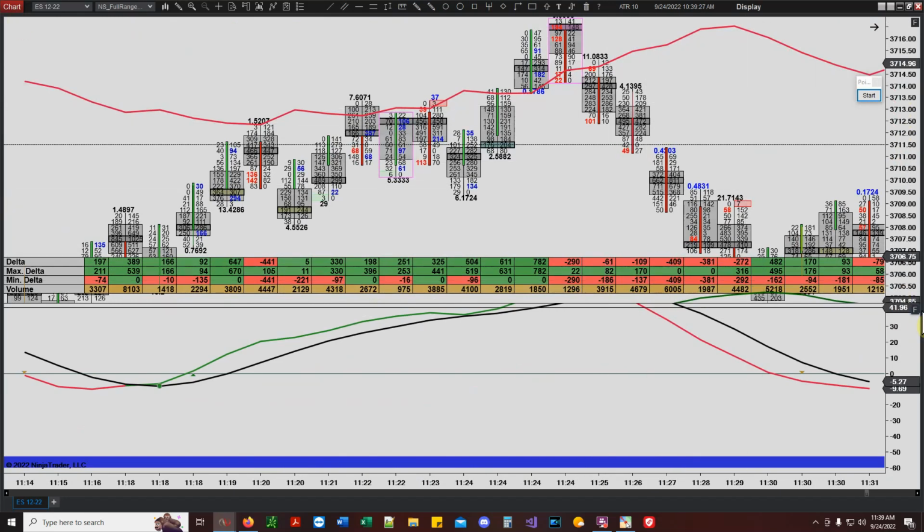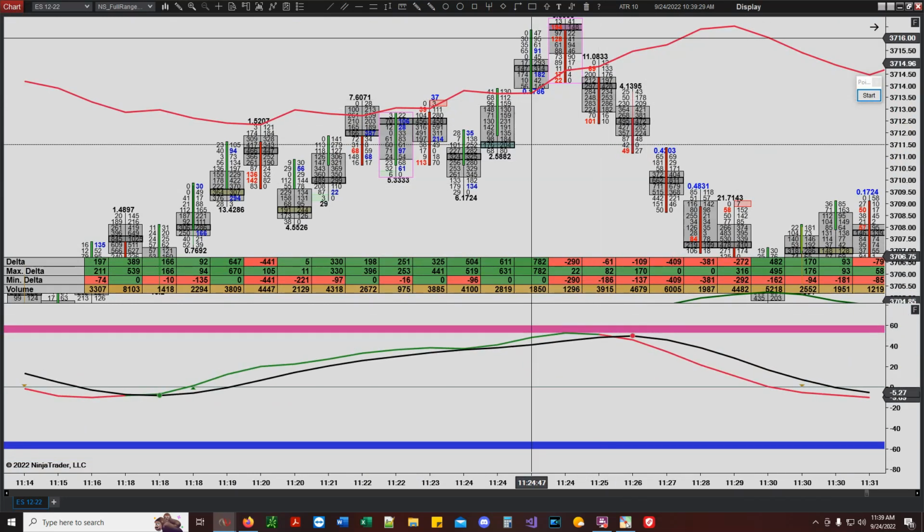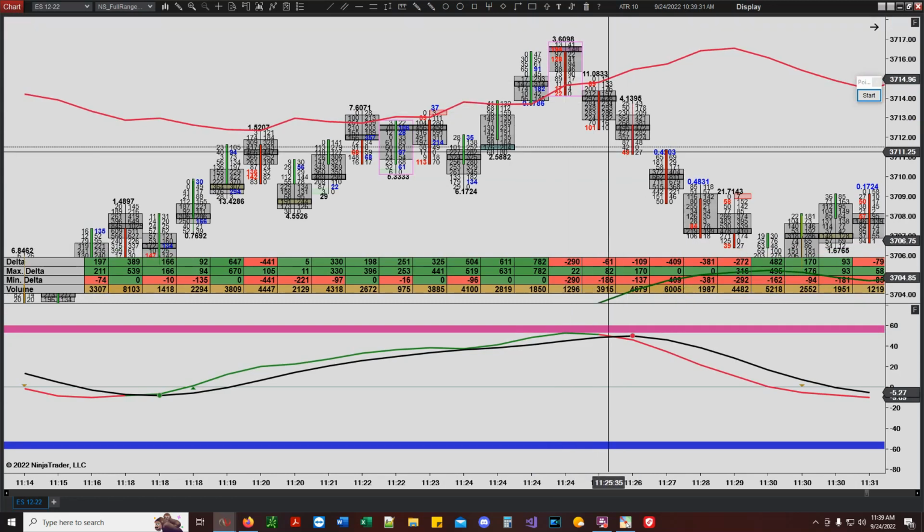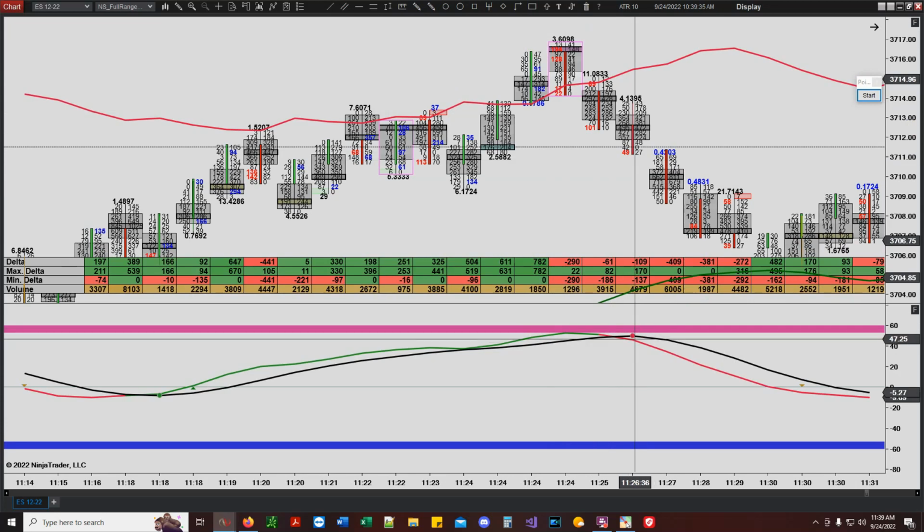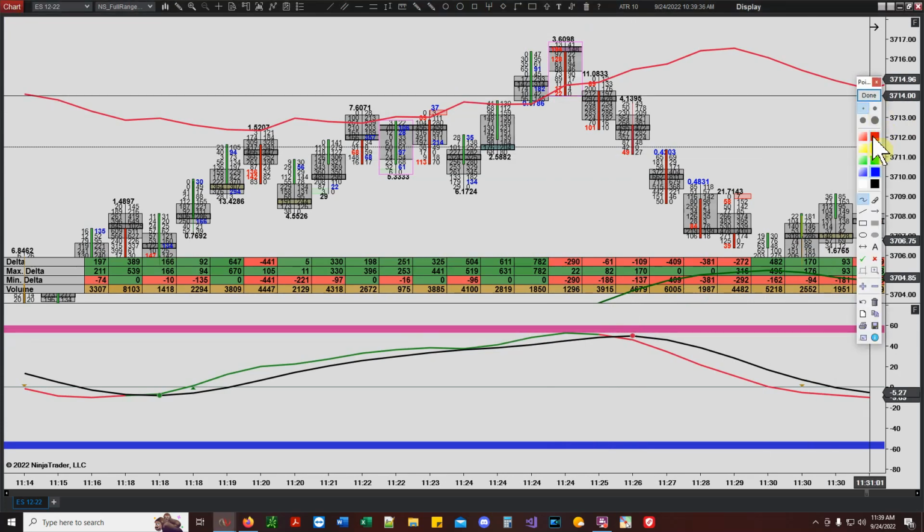Look at this imbalance box right here, and then you got a rollover, a bearish signal right there. You got imbalances. You got stop in action. There are certain things that you might make a move on that another person might not make a move on, but you see it as consistency.